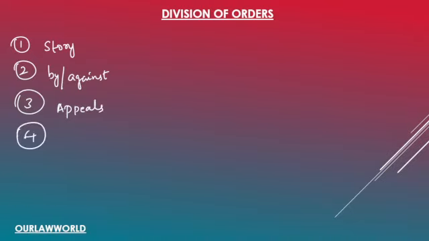And in the fourth part, you learn about the suborders, which are under order 13A, order 15A, 16A, 20A. So all these A's in the orders. Now let us go into the first story of these orders.